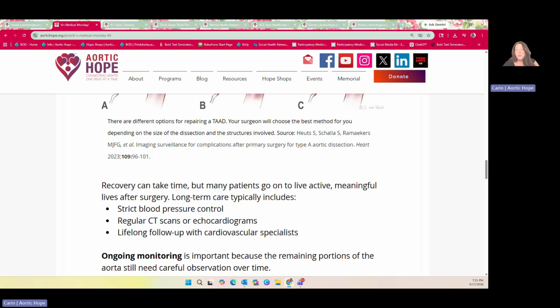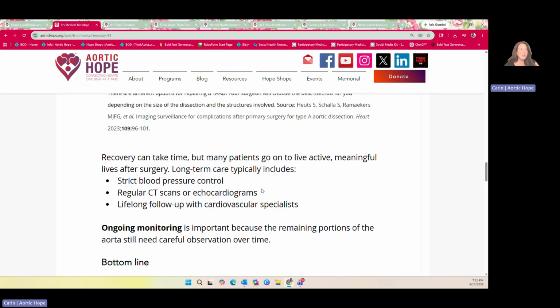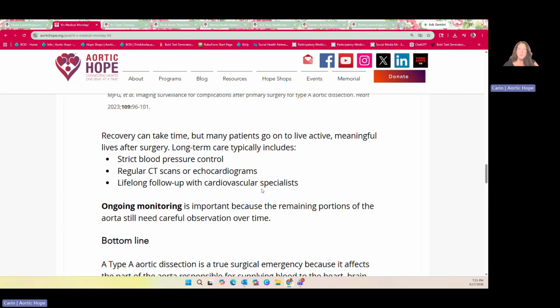Because once you have one, you can get another. Not a dissection or aneurysm, but the aorta has been impacted, and so it's never really 100% the same unless you have the whole entire thing repaired. Ongoing monitoring is really super important, because the remaining, untouched portions of the aorta, whether you dissect or not, need careful observation over time.